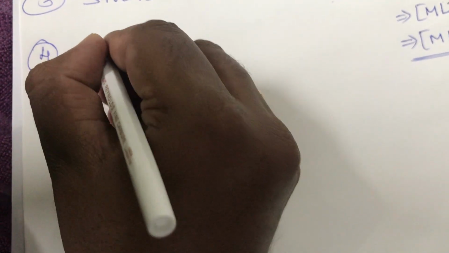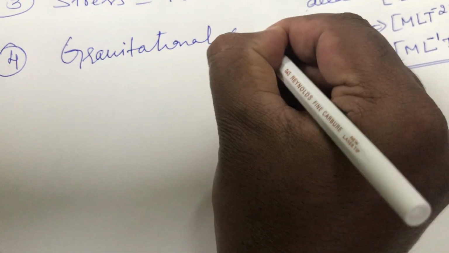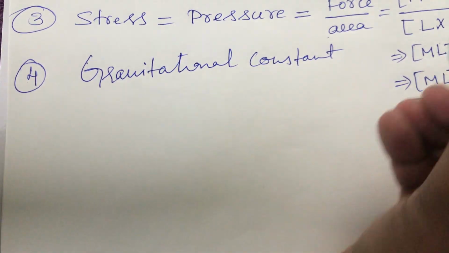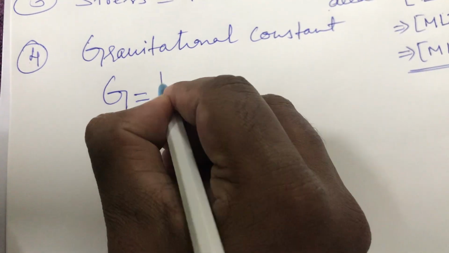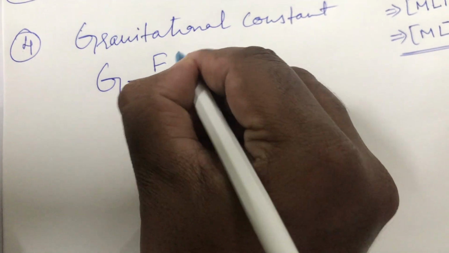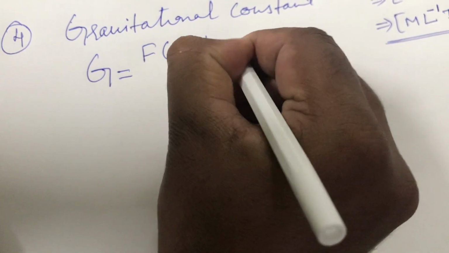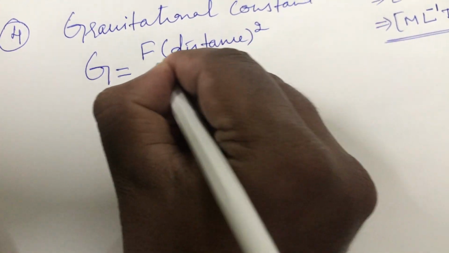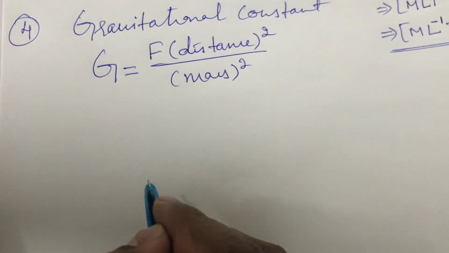Okay, next one is I can take it as the gravitational constant G equals F into distance square, whole divided by mass square.